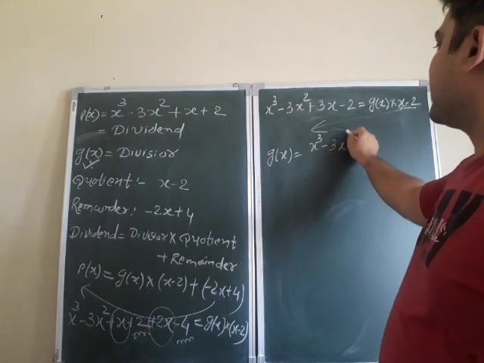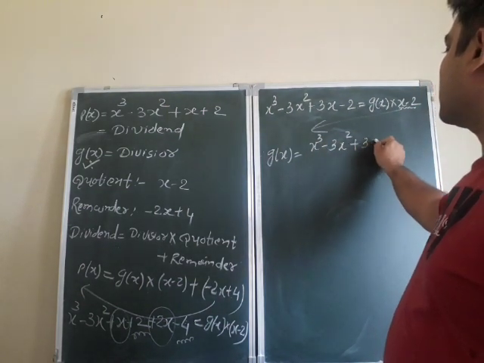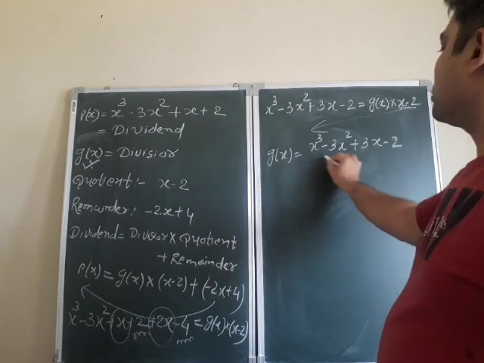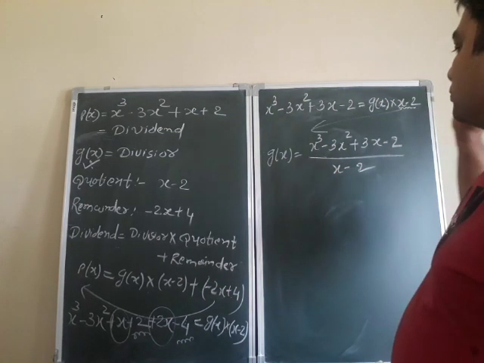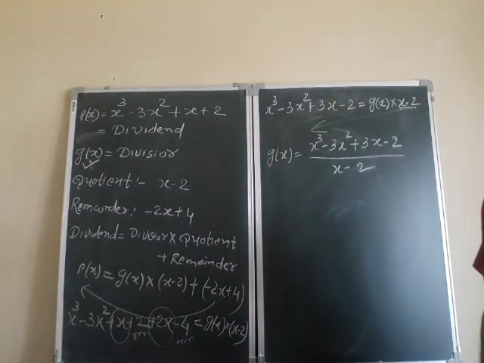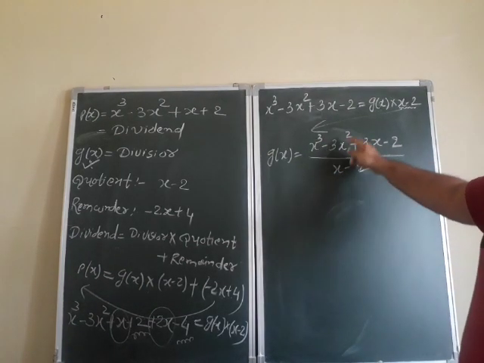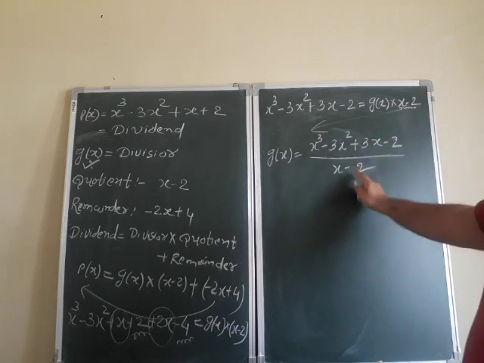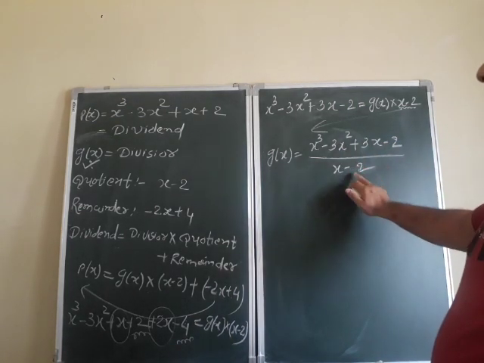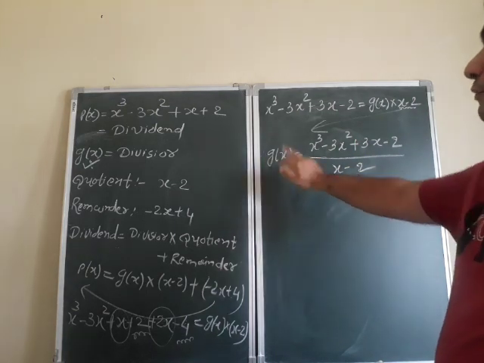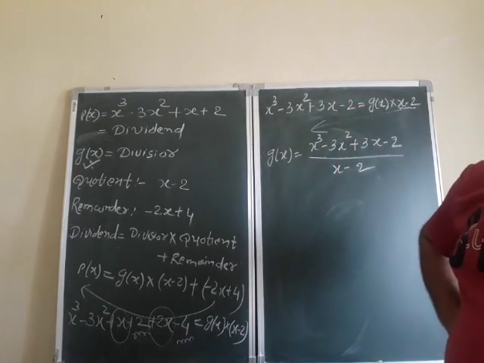minus 3x square plus 3x minus 2 divided by x minus 2. Okay. So this is our value of g of x. So you divide this function by x minus 2, and you will get the value of g of x.